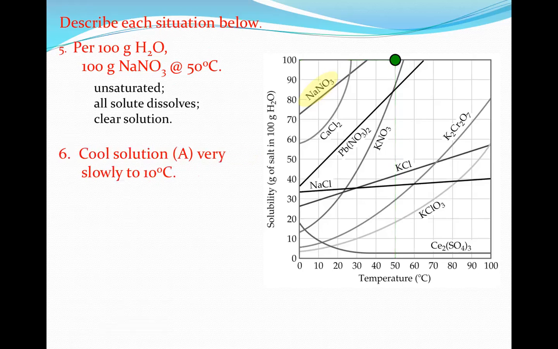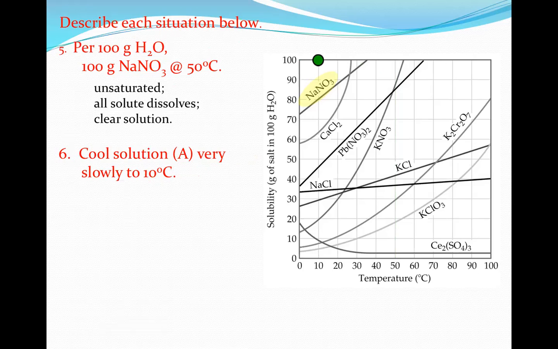Now let's say that we cool it down. We're gonna cool our solution down very slowly to 10 degrees Celsius. Very slowly. We're just gonna leave it at room temperature for a little bit, see what happens. Okay, this is assuming we're in a refrigerator. All right, so we're at 10 degrees Celsius now. We still have 100 grams of sodium nitrate.